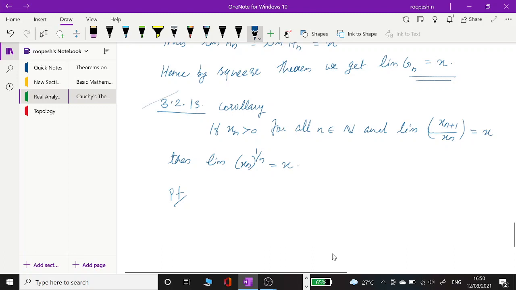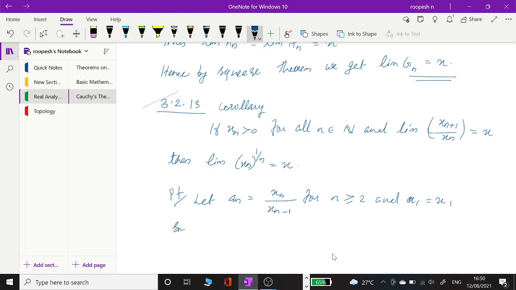To prove, let an equal xn by xn minus 1, taken like that for n greater than or equal to 2, and a1 equal to x1.